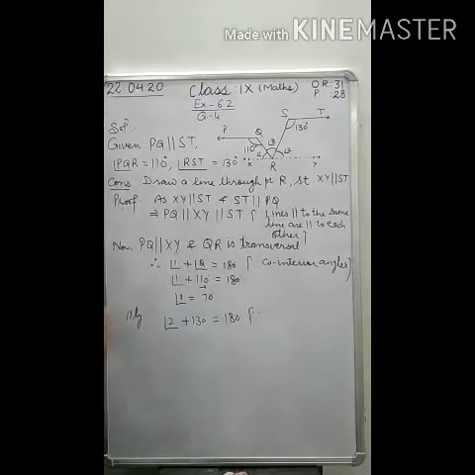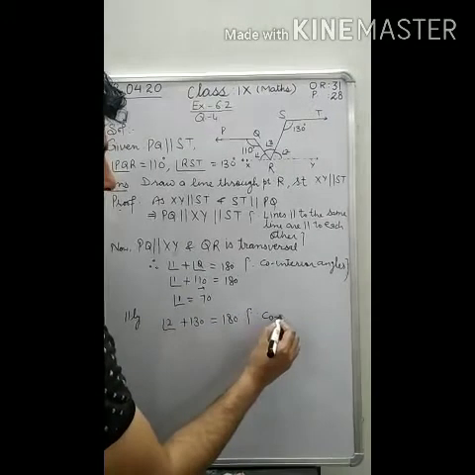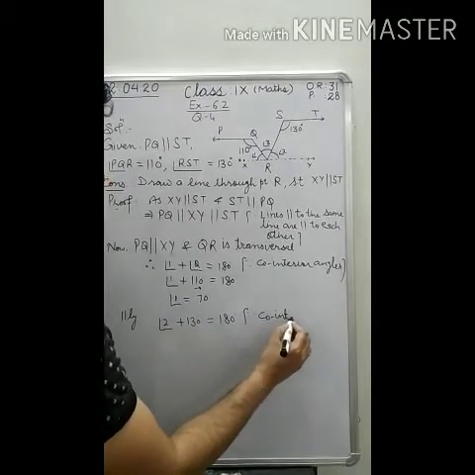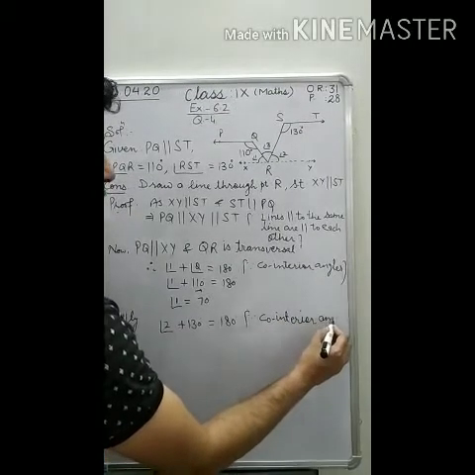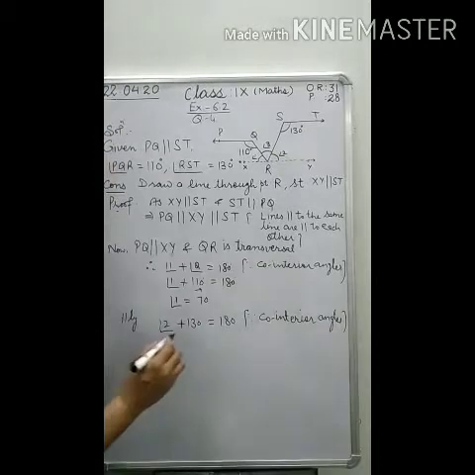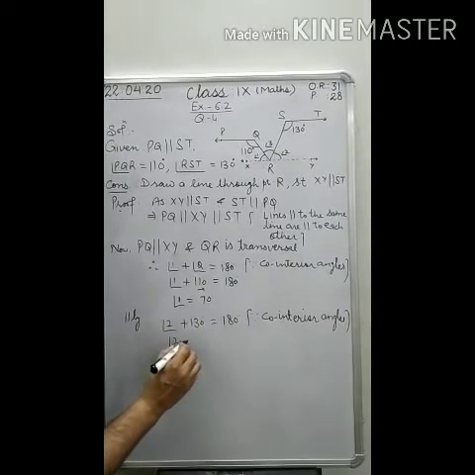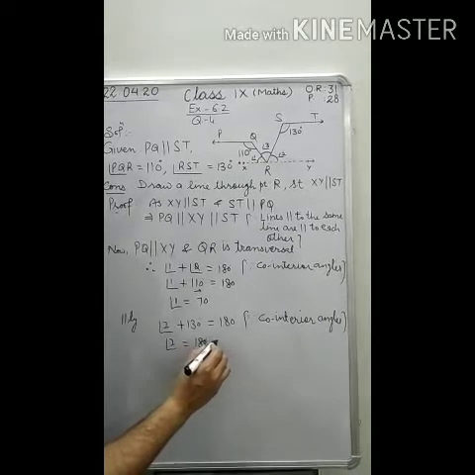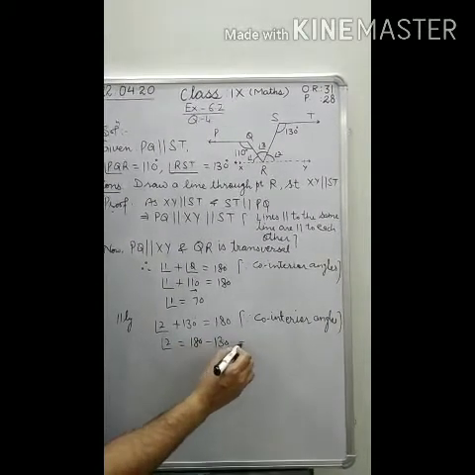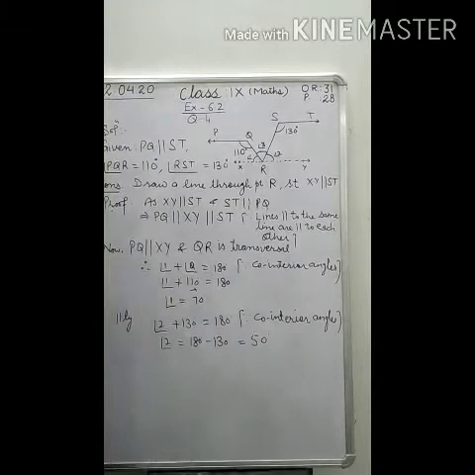Reason you will mention because they are co-interior angles. Now from here angle 2 will be 180 minus 130 and that is equal to 50.